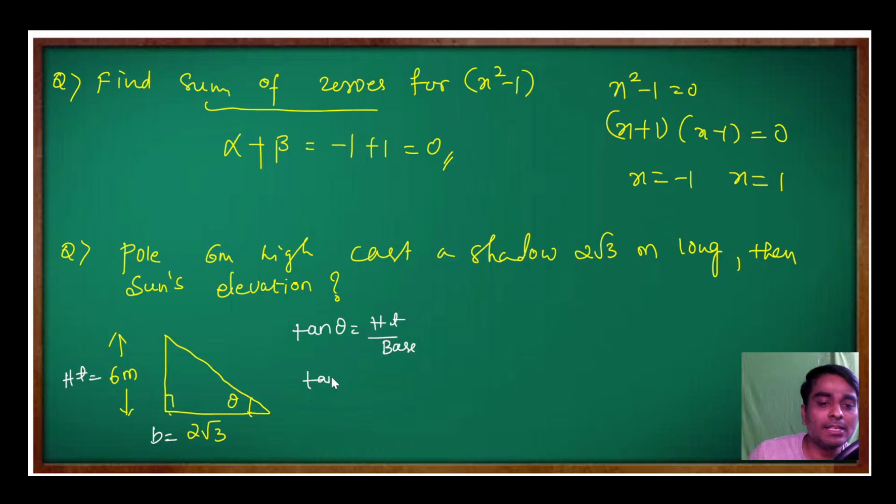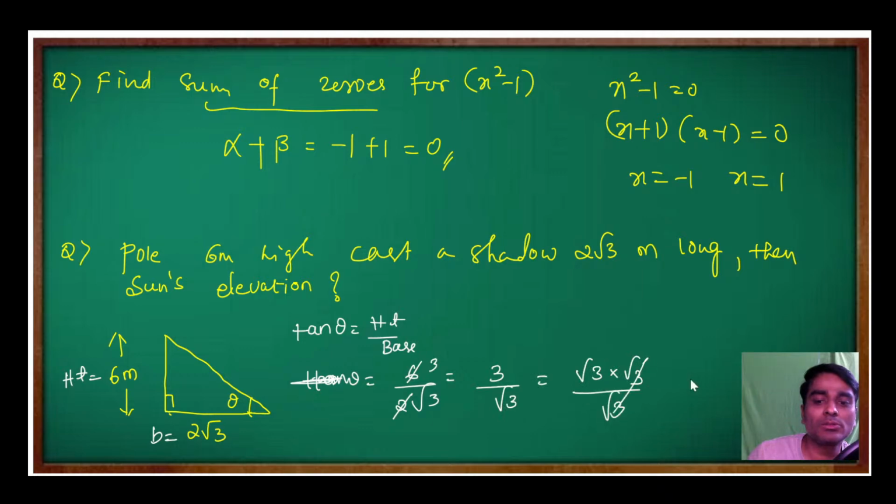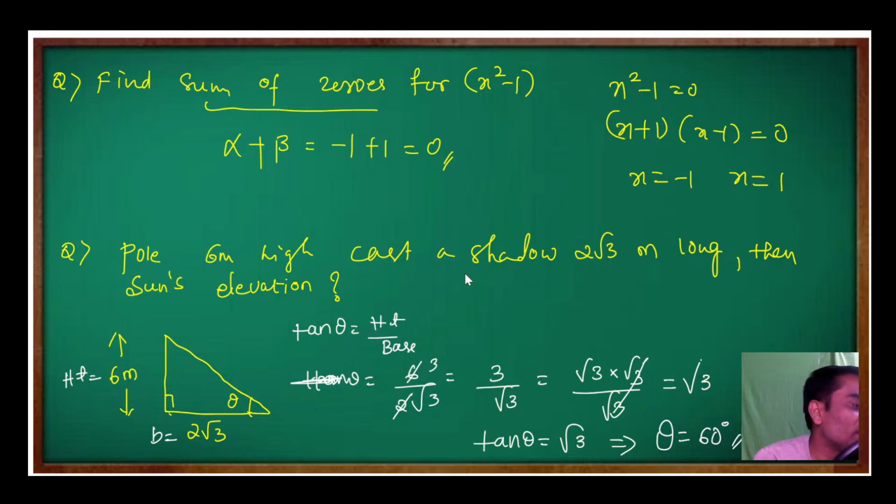So tan theta is equal to 6 by 2 root 3. 2 ones are 2, 2 threes are 6, so 3 by root 3, which is root 3 into root 3 divided by root 3. These two cancel and I have root 3. So tan theta is equal to root 3, which implies theta is 60 degrees. Most of you gave the answer. Very good.